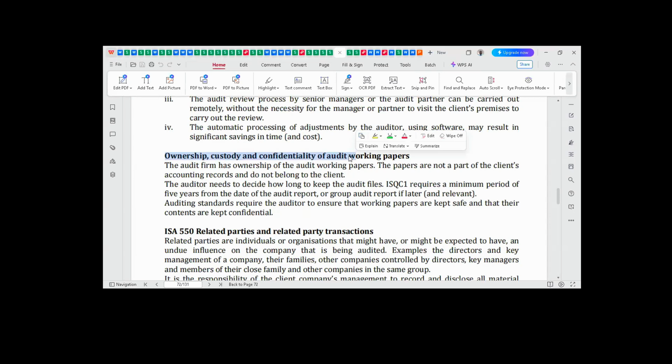It belongs to the audit firm. It's not for the client, even though the audit firm is keeping that file on behalf of the client, it is not the property of the client. It's a document that is kept and exclusively reserved for the audit firm. Please note that it's not for the client.